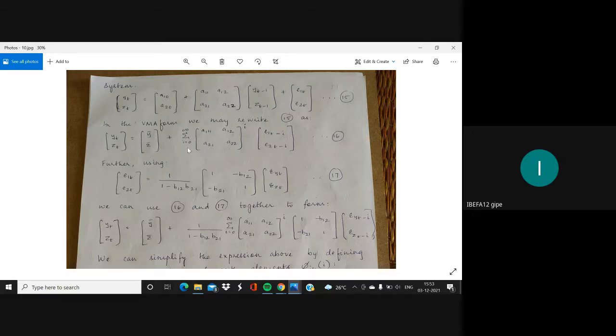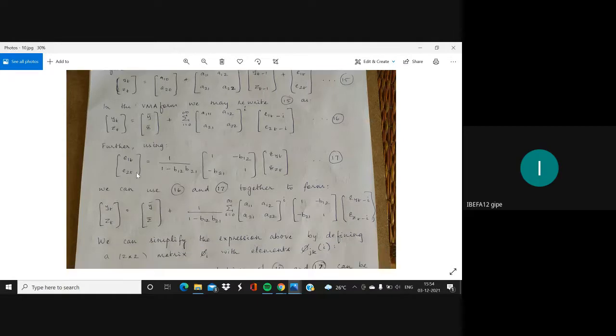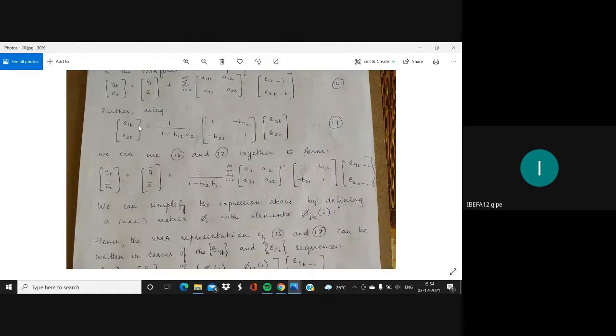And then you will have plus again summation i is equal to 0 to infinity a12 e2t minus i. Again, you'll have various lags of e2t. So this way you'll have these moving average error terms entering the picture here. I hope it's a little clearer now for you.